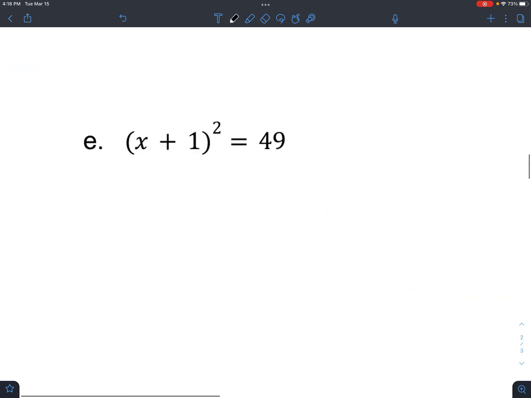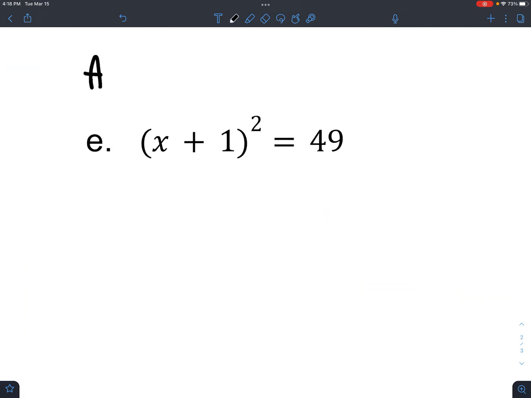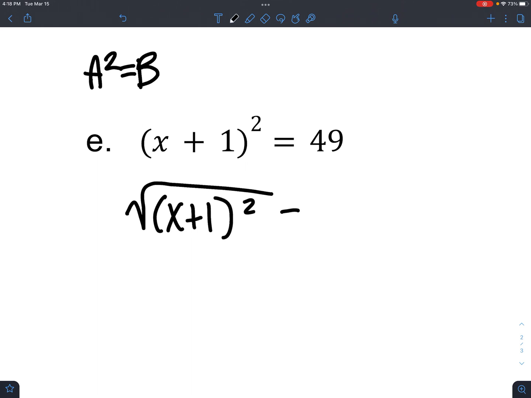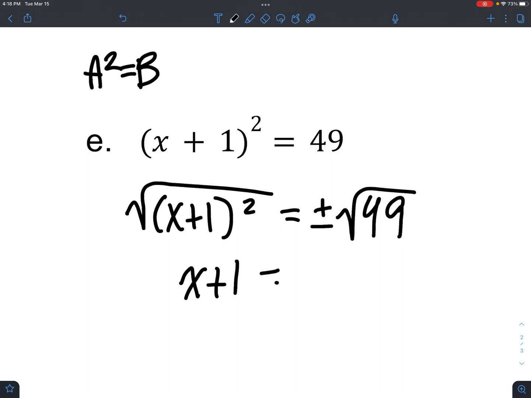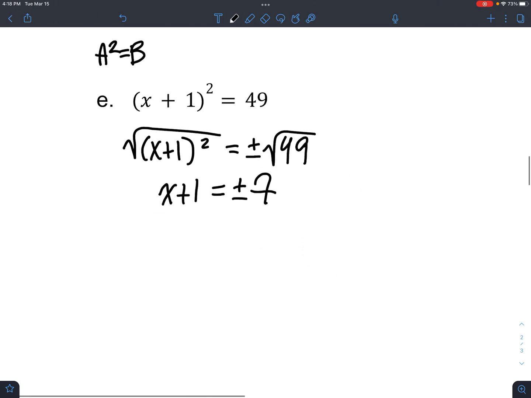And a few more. So this is still of the form a squared equals b, right? So I can still take the square root of this, believe it or not. As long as I put that plus or minus, the squared will dissolve away, and I'm going to get something like this. Okay, so normally we just are done here, but we got that plus 1 to handle.